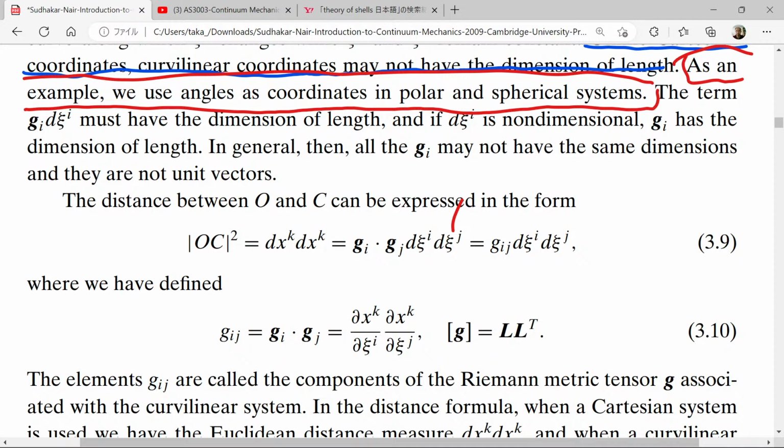The distance between O and C can be expressed in the form g_ij d xi_i d xi_j.